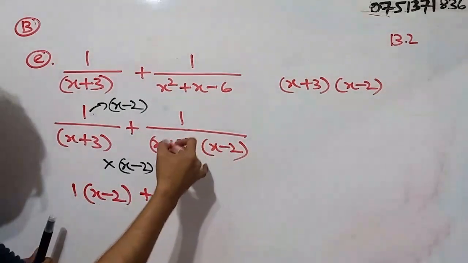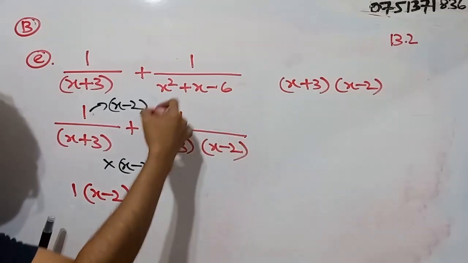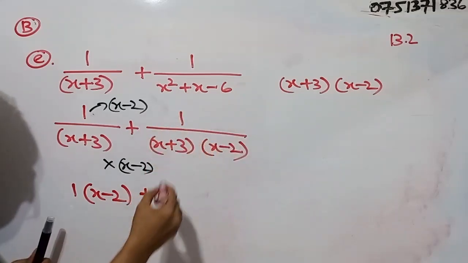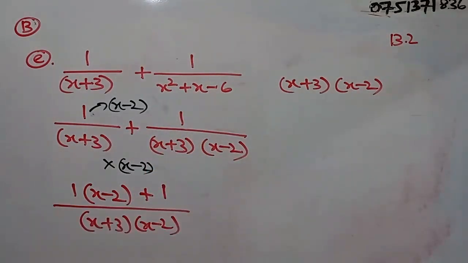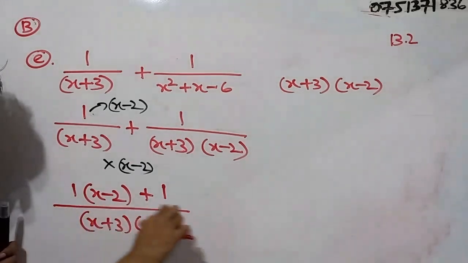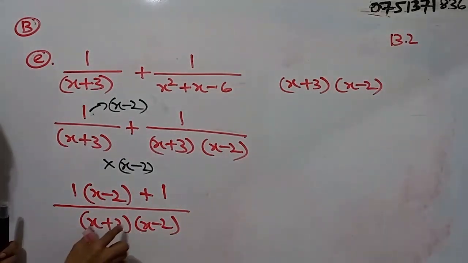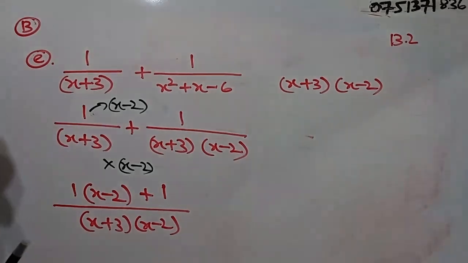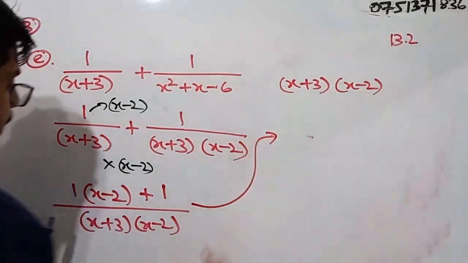plus, so here we have the LCM, so that means we don't have to do any changes to this fraction, right? So we can simply write 1. Right, so then we can write the entire expression divided by x plus 3 into x minus 2. Okay, so we will simplify this a bit.